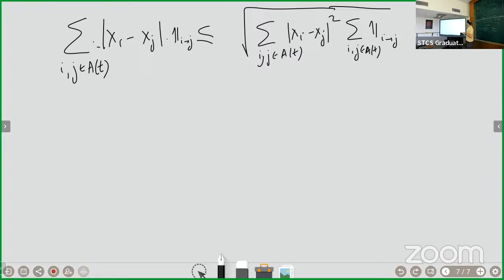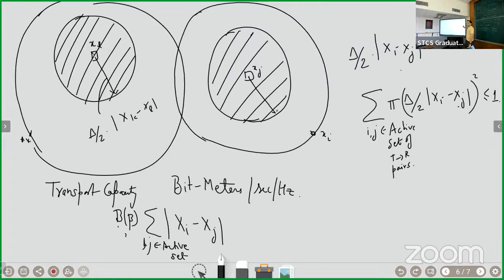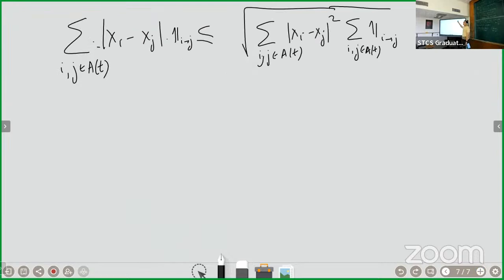So which part do I already have control over? I have control over this part, the square part. And how large can this be? There are total n nodes. At most n by 2 can be simultaneously activated, because if n by 2 are transmitting, n by 2 can be receiving. So this is at most n by 2.